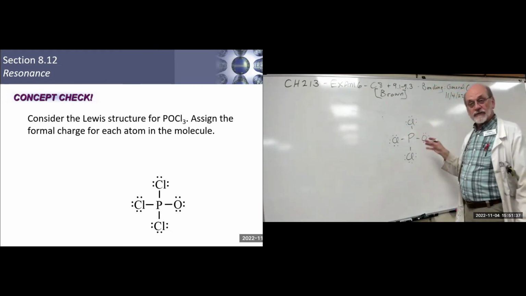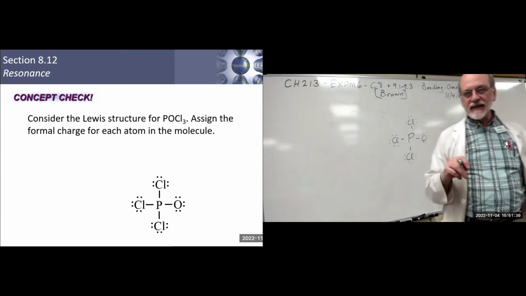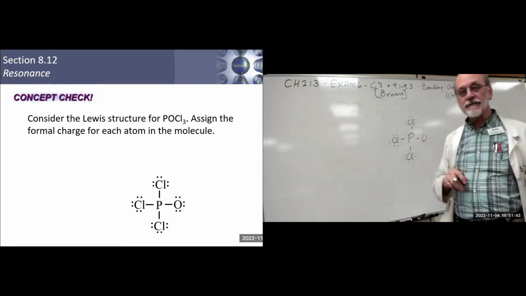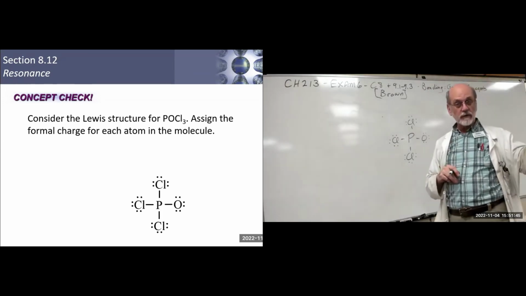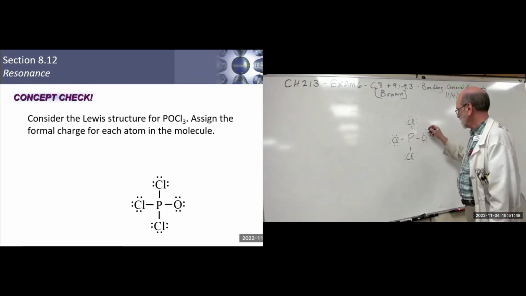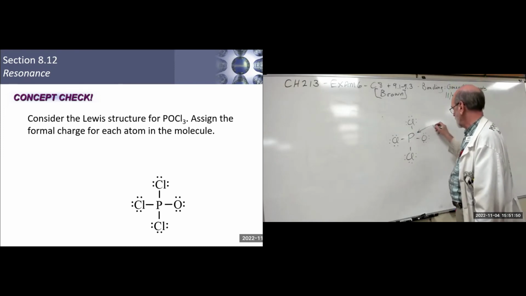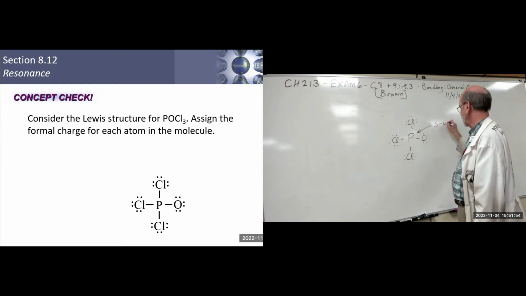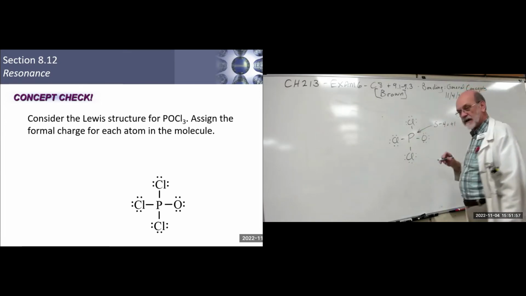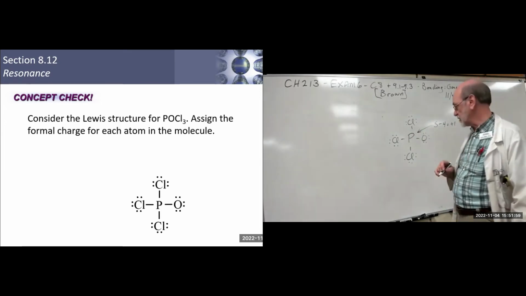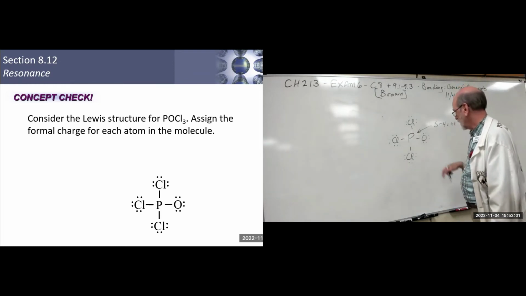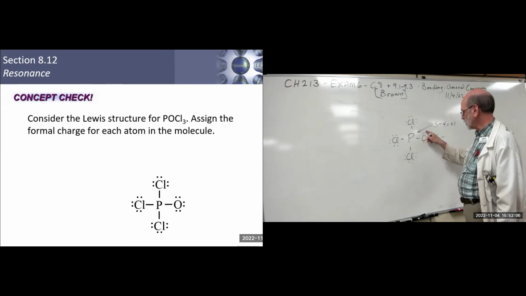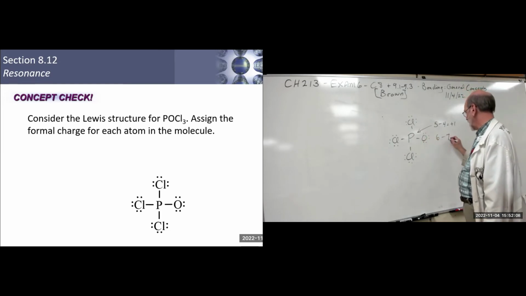So let's start with the phosphorus. What's the number of valence electrons for phosphorus? It's in the 5th column over, so it's 5 electrons. So this one has 5 minus 1, 2, 3, 4. Plus 1. So phosphorus has a plus 1 formal charge. How about oxygen? Well, oxygen has 6. So we subtract 1, 2, 3, 4, 5, 6, 7. Minus 7.